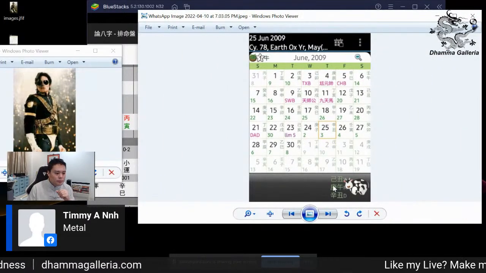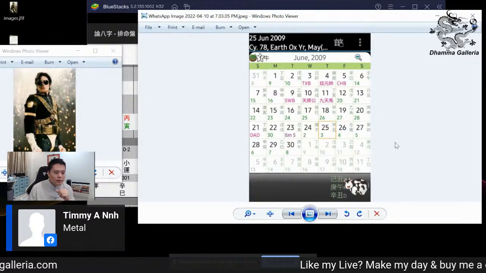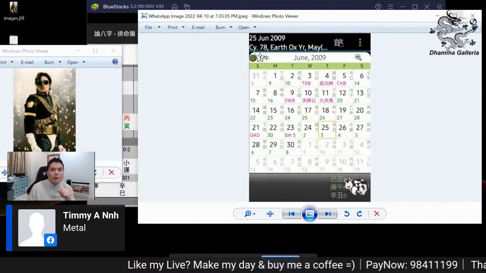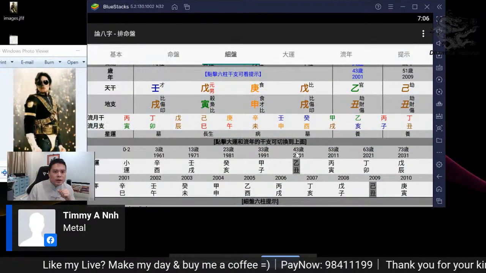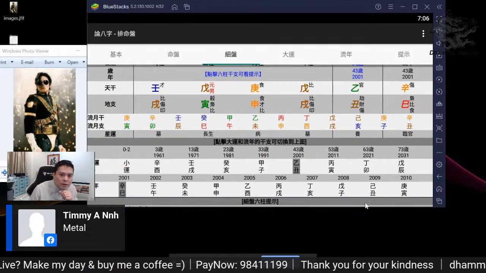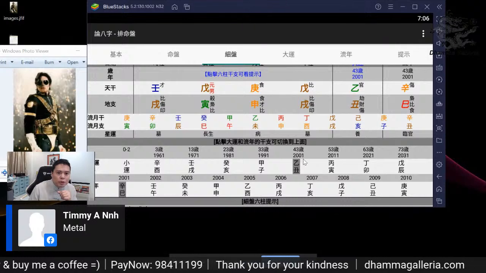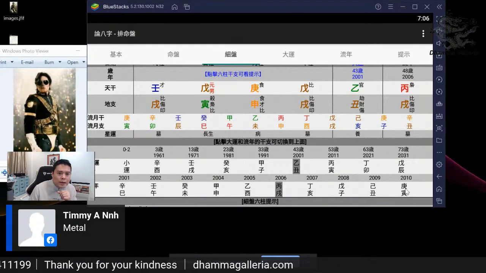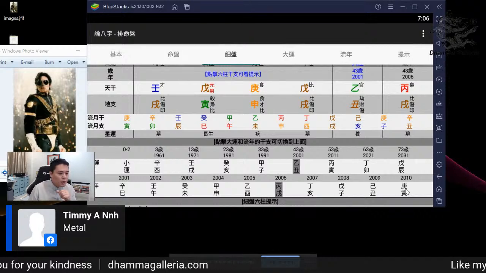Unfortunately. Okay. So Timmy, you can understand why, right? Because there was no Xu, there was no Xu within this destiny trend. There was also no Xu between 2006 to 2010. There was no Xu to open his metal storage.